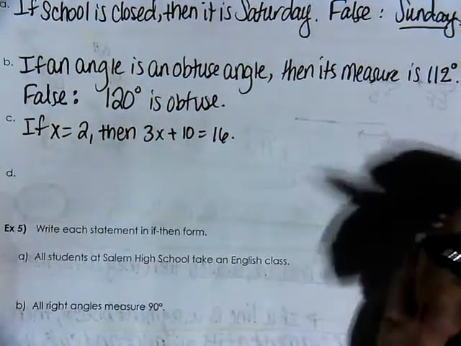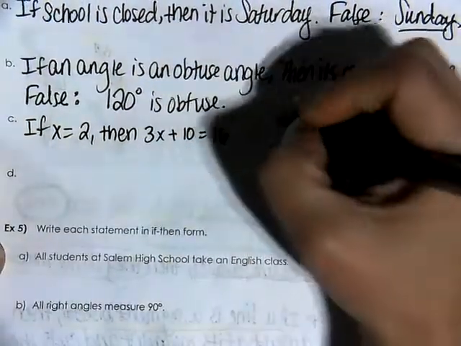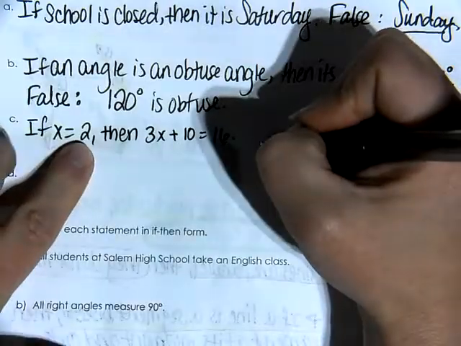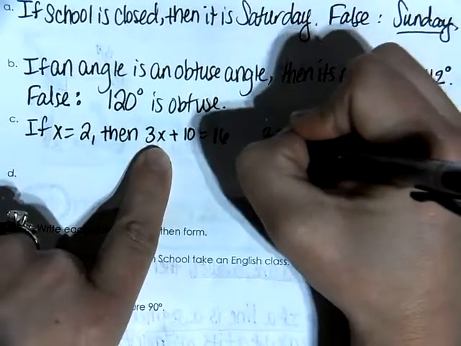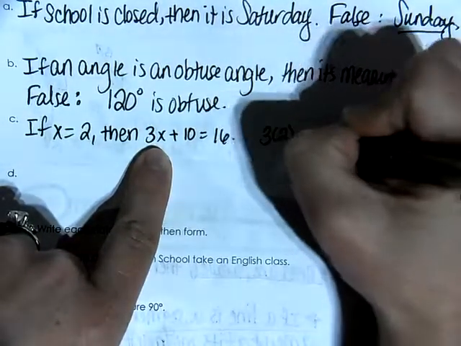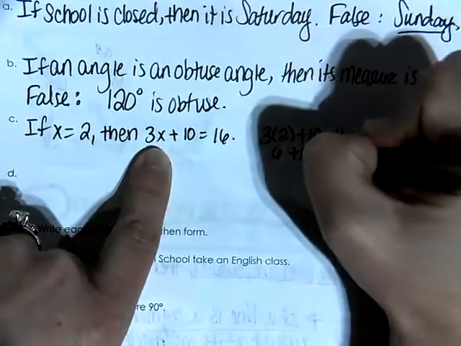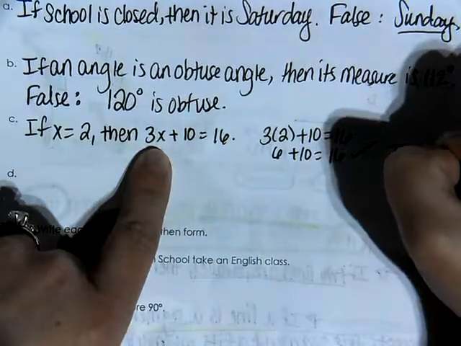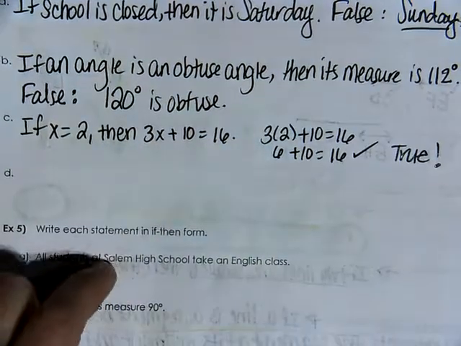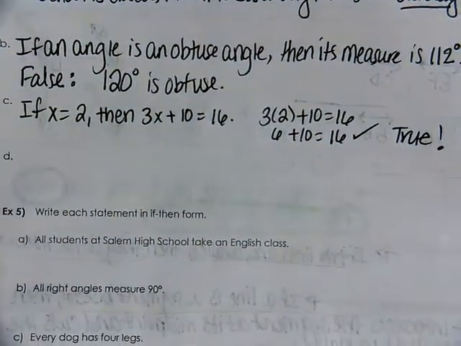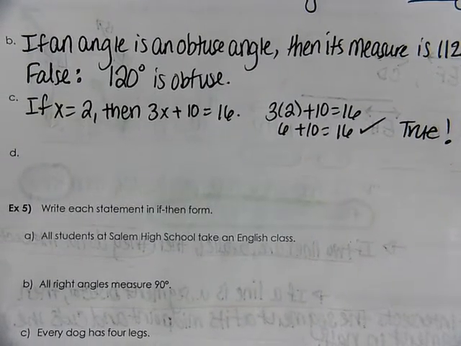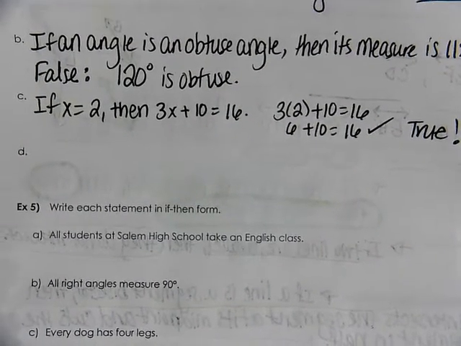So let's go ahead and see if that's true. We would substitute 2 in for x, and we would go 3 times 2 plus 10. Does that equal 16? Is 6 plus 10 equal to 16? Yes, that is a true statement. So there is no counterexample for that problem.